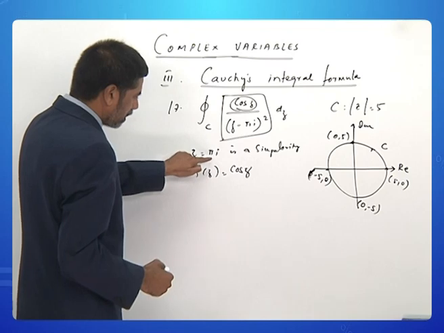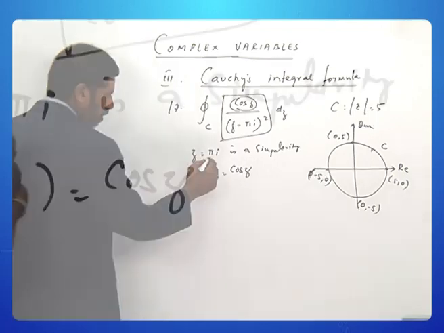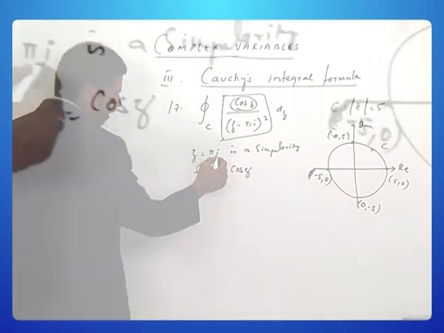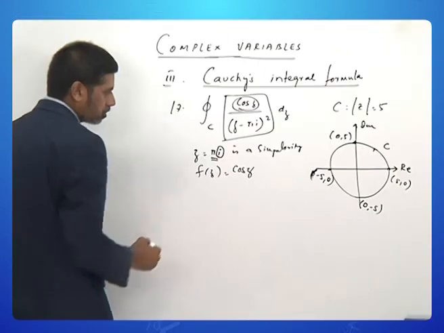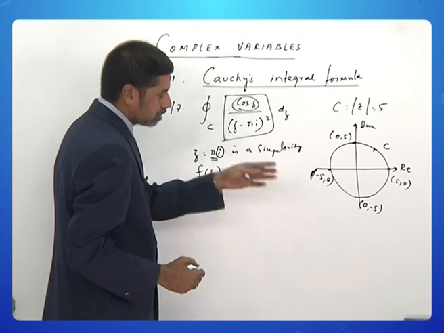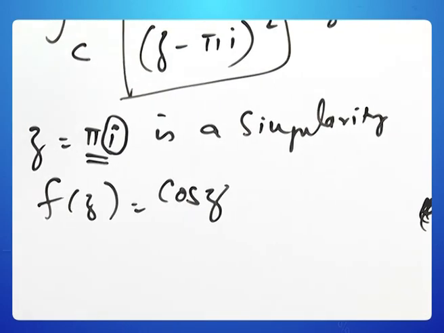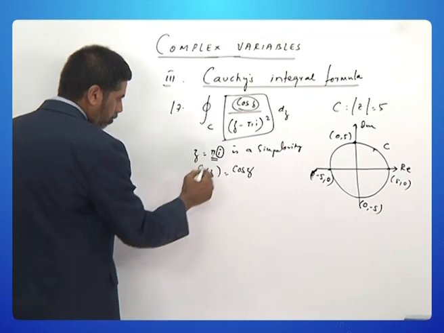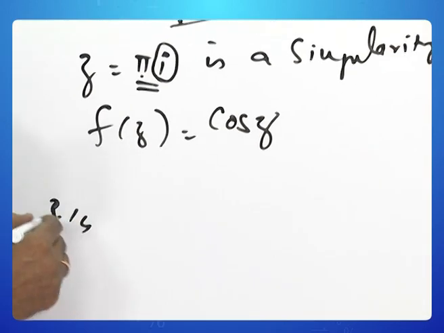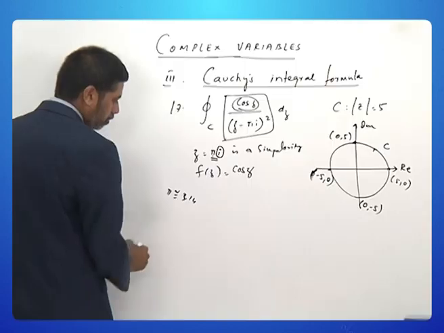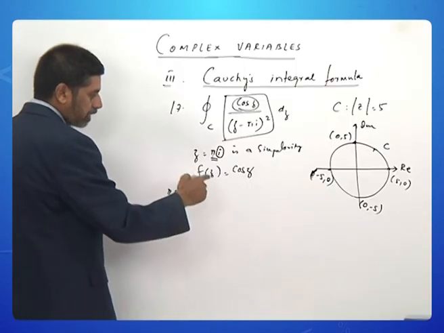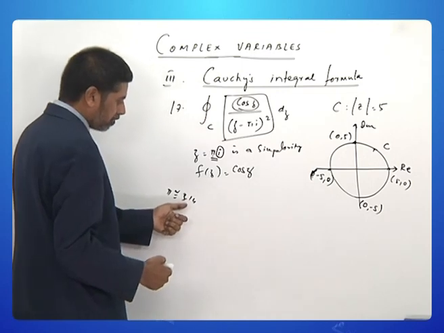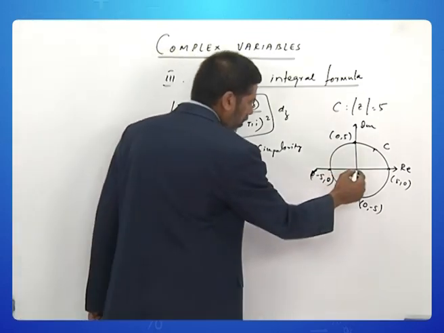Now, how do you understand z is equal to pi I? Pi I means along the vertical direction. Presence of I indicates that the singularity is on the imaginary axis. Of what magnitude? Pi. So, this is 3.14 approximately. So, the singularity is along the y direction at a distance of 3.14 units from the origin.